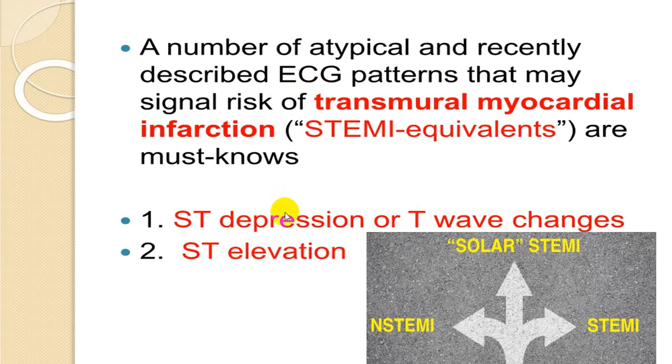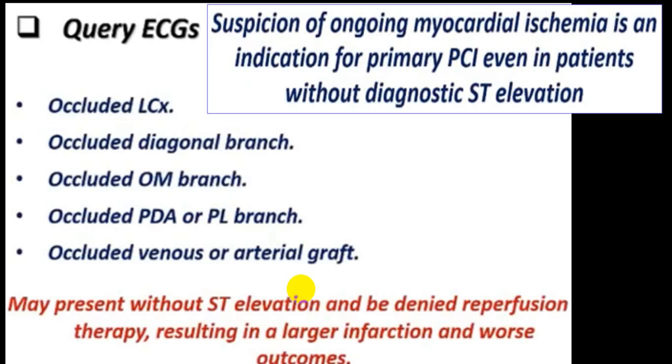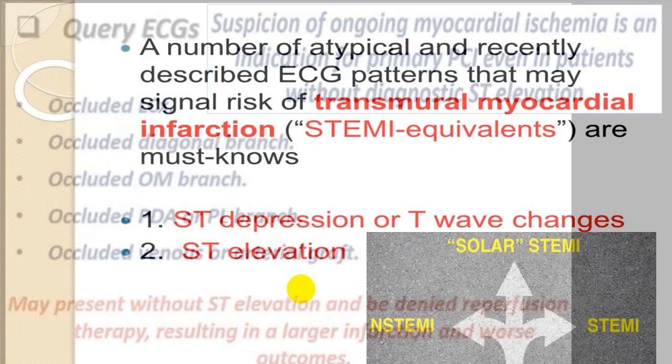It can be ST depression with or without T wave changes. So ischemic heart disease can be non-STEMI, can be STEMI, and it can be what we call a STEMI equivalent, or also labeled as silent STEMI or STEMI equivalent, or even we call it query ECG.